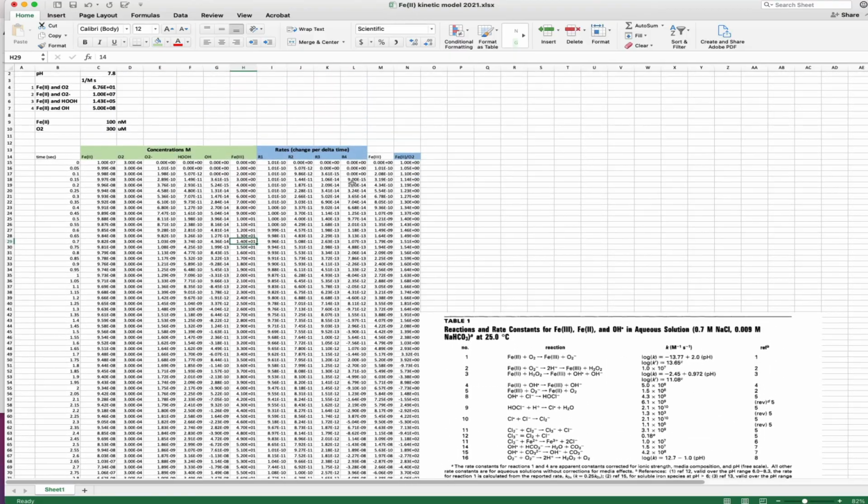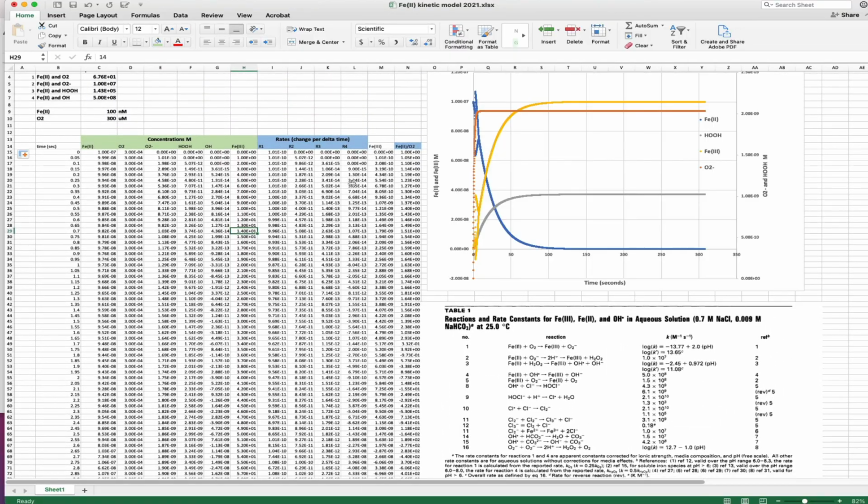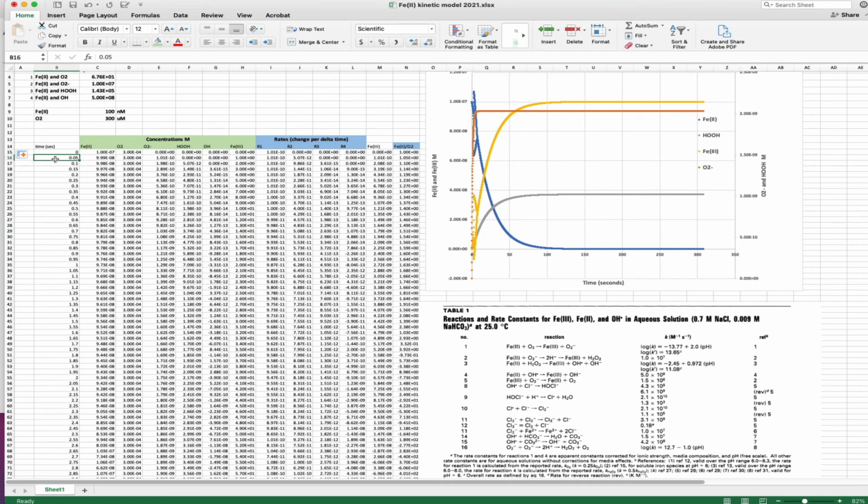What's happening is I'm overshooting. I'm actually subtracting too much off of the hydroxyl radical concentration. In other words, in 0.05 seconds, I violate the condition that the reaction rate is linear over that small range.